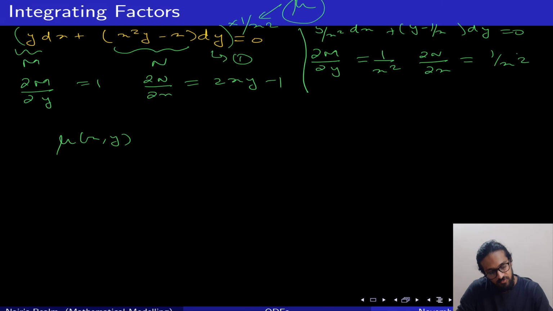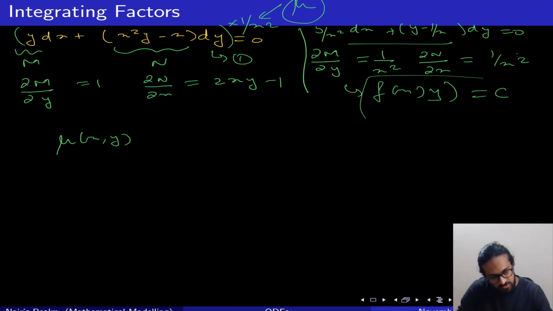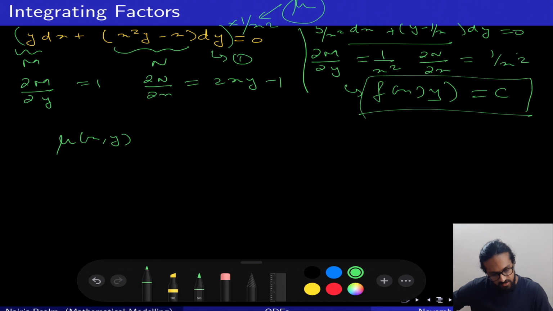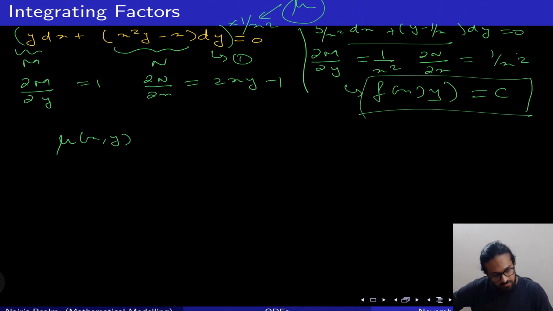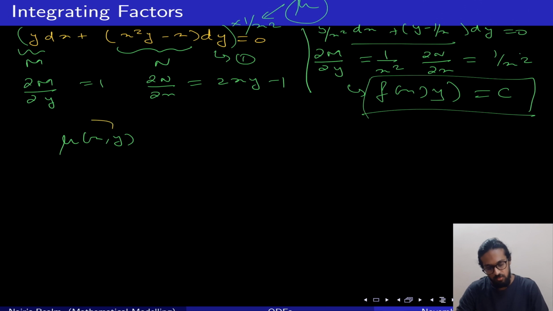Once I convert it into an exact differential equation, we know that f of x comma y equal to c will be the general solution, as we've already studied before. So now obviously the main question which we have is, how do we find this mu?